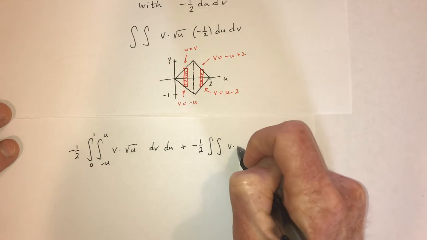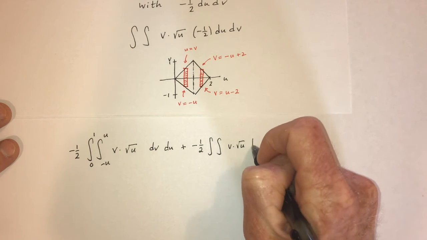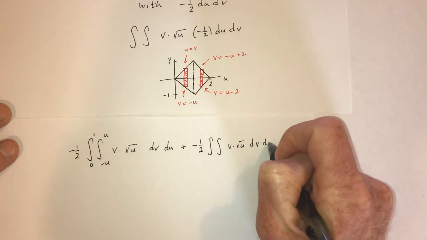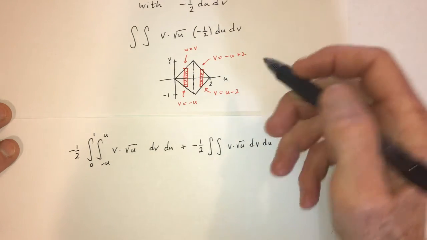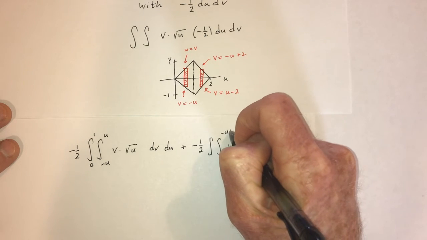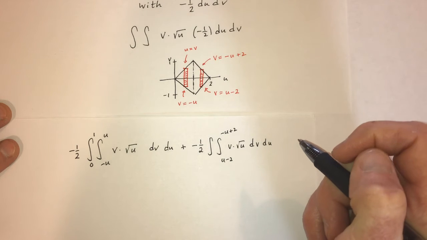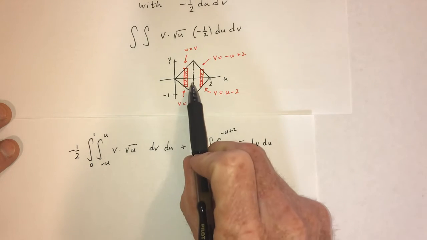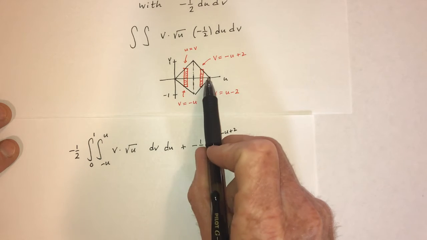It's still going to be v times the square root of u, and I'm still going to go dv du. And for this one, the v is negative u plus 2 on the top and u minus 2 on the bottom. And then the u needs to go from 1 to 2.